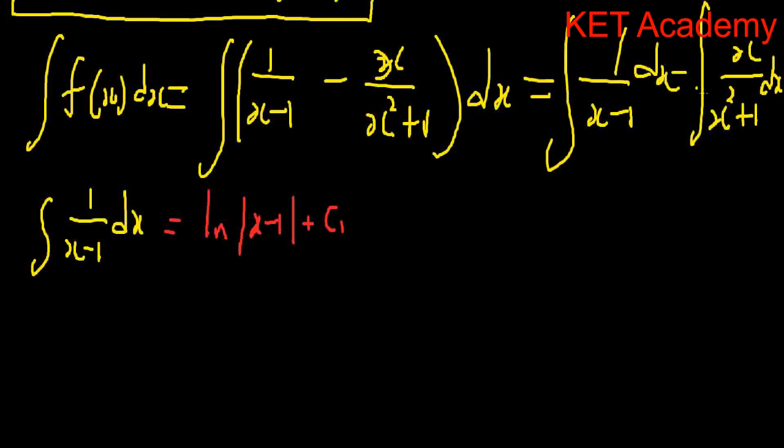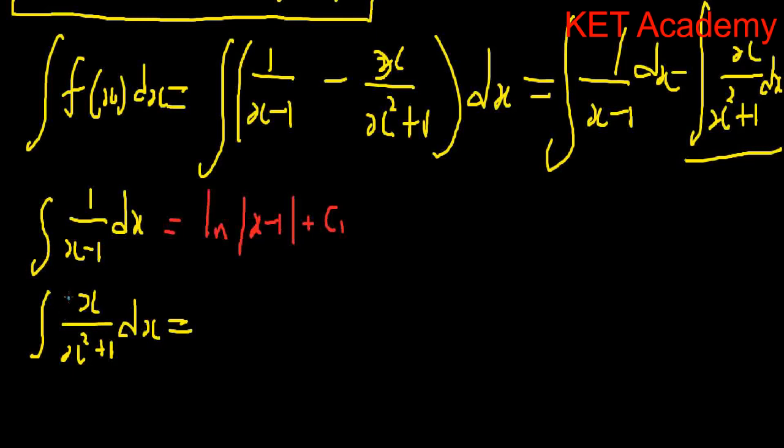For the second integral, we have the integral of x divided by x squared plus 1 dx. So what do we notice here? When we differentiate the denominator, we are going to have 2x, so it is not exactly equal to the numerator, so we need to create and cancel a 2 in order for them to be equal. I'm going to make a different video on integration so you'll be able to understand what I'm saying.